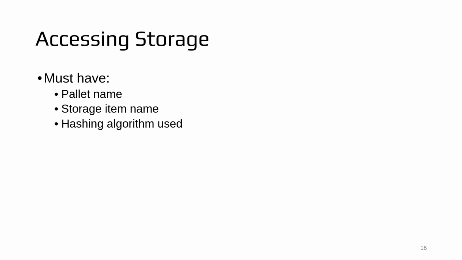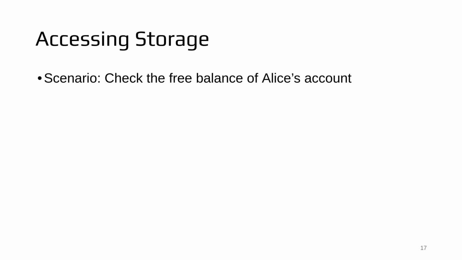So to access anything within storage, you'll need 3 things. You'll want the name of the pallet that you're interacting with, and the storage item name, so whatever it is, whether it be a single value storage, a single key map, whatever it is, that's a storage item. So we'll want its name, the defined name, and we'll want to know what hashing algorithm it's using. I'll just run through this using a scenario.